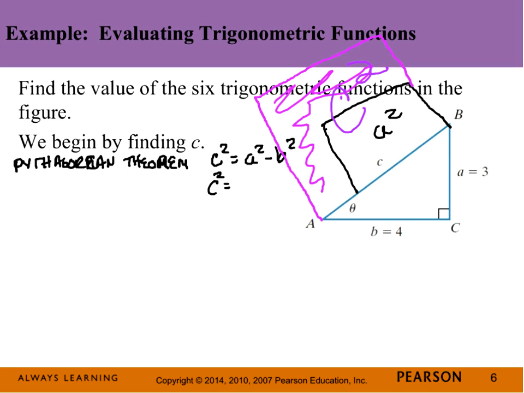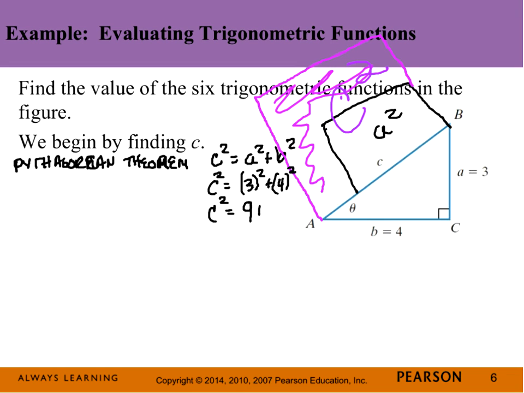So we have C squared here is equal to... oh, thank you, I wrote minus again. C squared is equal to 3 squared plus 4 squared. So A squared plus B squared. I guess I'm still in hyperbola mode with the minus there.